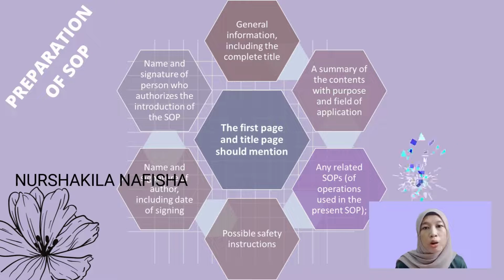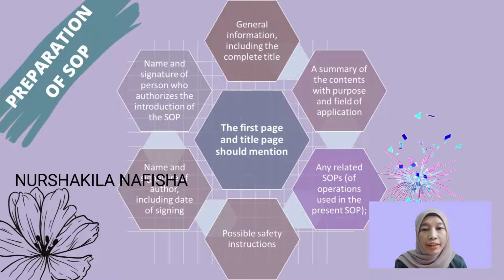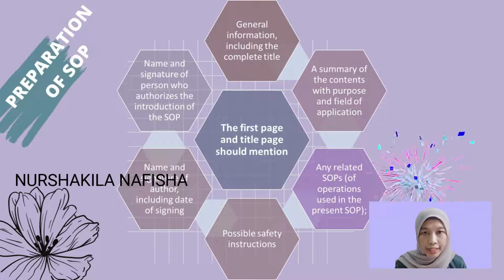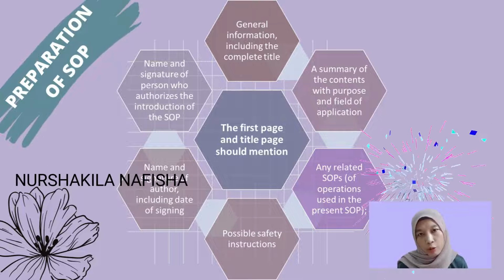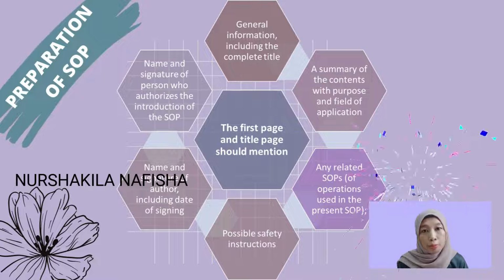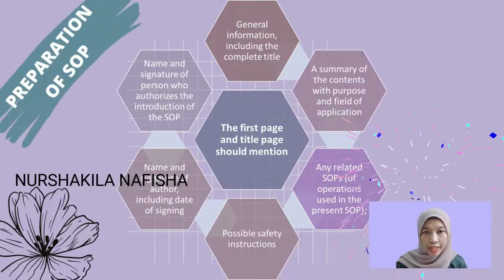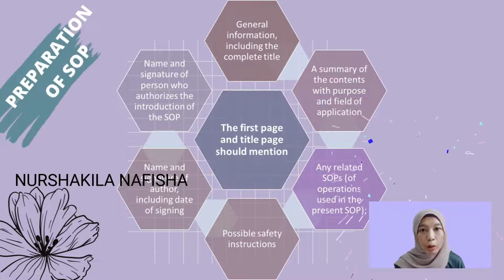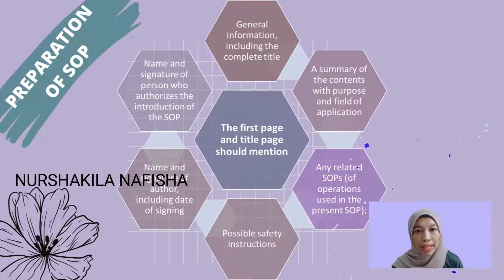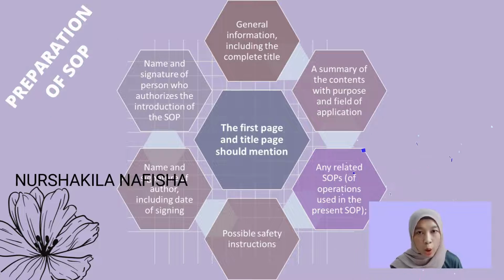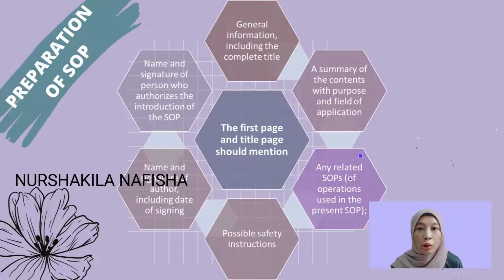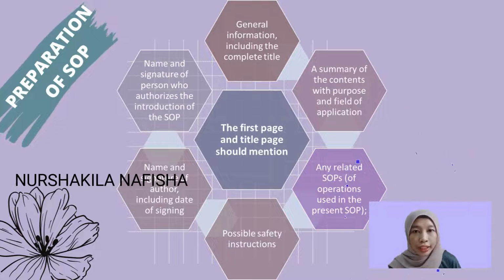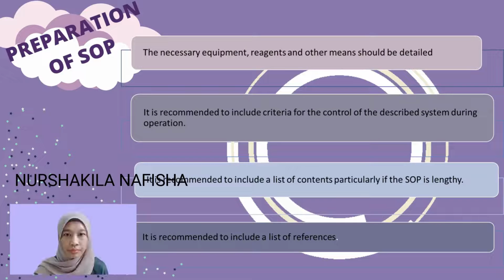The first page also should mention any related SOP of operation used in the present SOP. The possible safety instruction also needs to be mentioned. The title page also should mention the name and signature of the person who authorized the introduction of the SOP, including the date of signing.